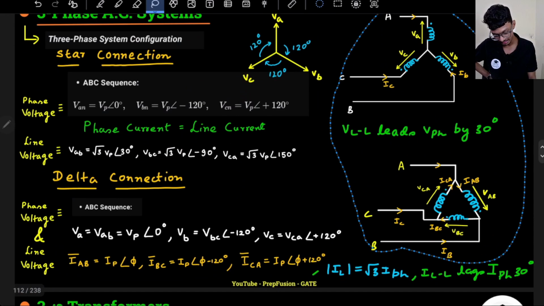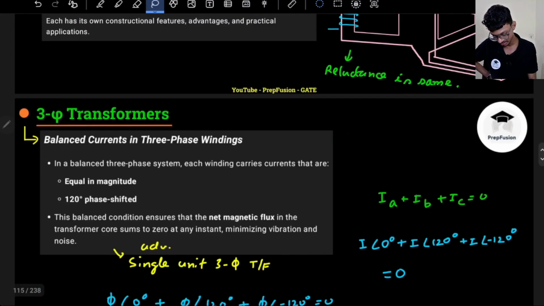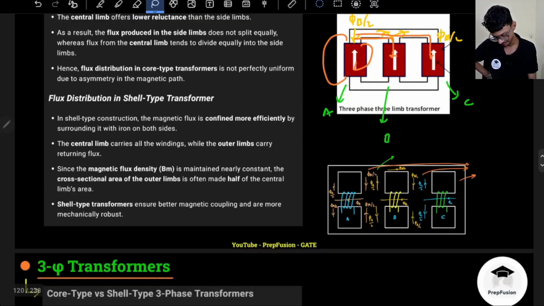So how do I identify whether it is a star or a delta? You can simply identify like this.